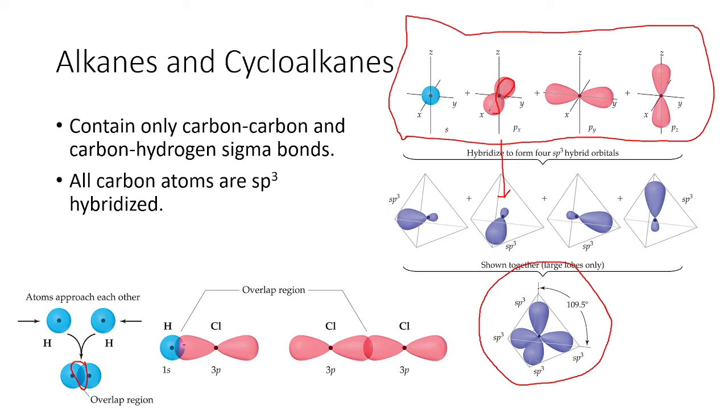Meaning to say, regarding the angles in which the orbitals or the sharing of electrons will happen or the bonds will happen, the angle of each bond will be 109.5.